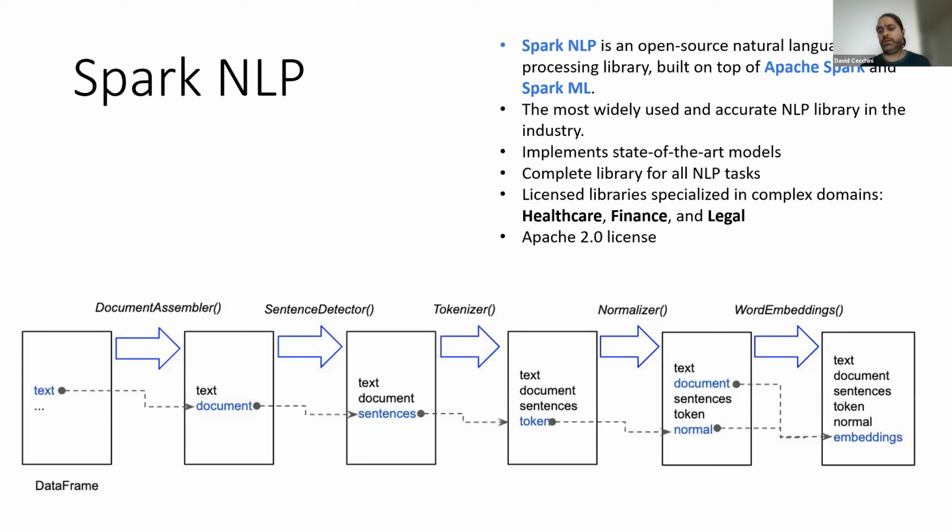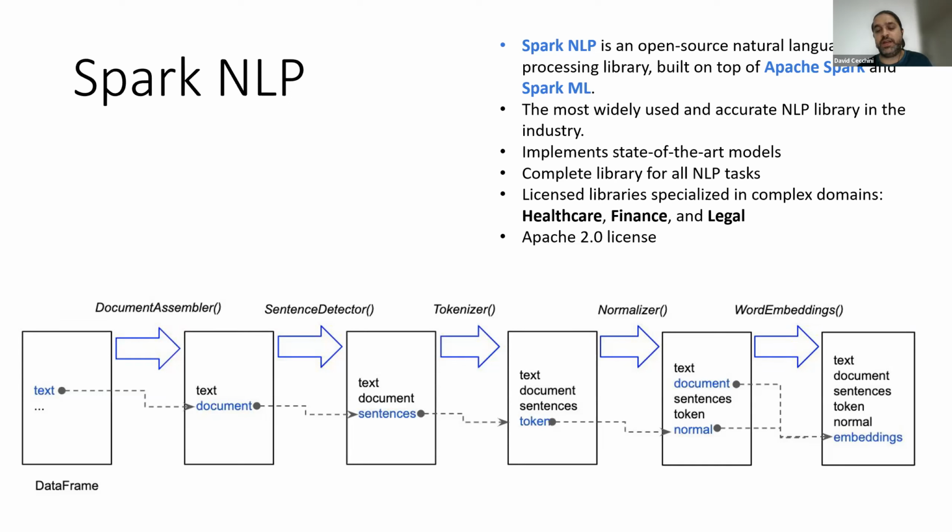It works in pipelines. So as you can see in the image, you start with the raw text, and then you start to build up what we call annotations, which contain the information and metadata of each step. So document assembler creates a document type of annotation that will contain the text information and some metadata.